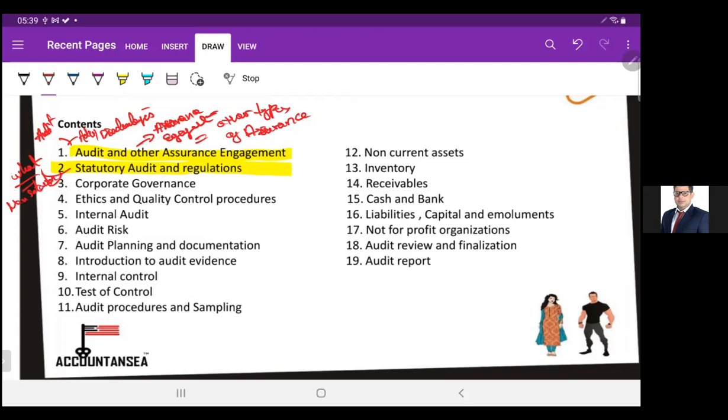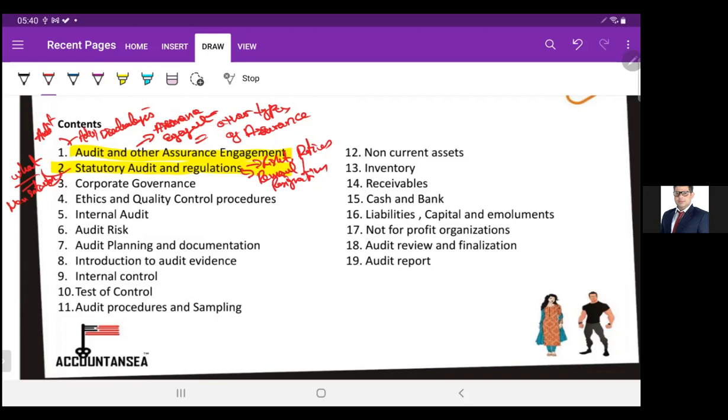Then, in this chapter, we will also learn what are the rights of the auditor, what are the duties of the auditor, and the conditions for removal and resignation of auditors. Also, we will learn how auditing standards were introduced by the International Auditing and Assurance Standards Board, and what are the regulatory bodies for audit.